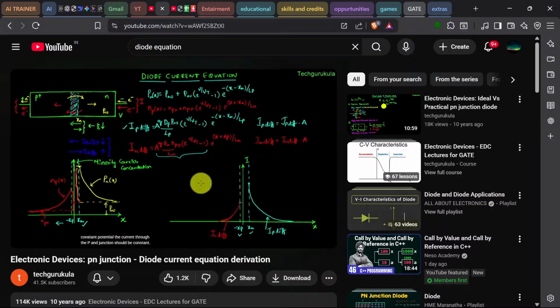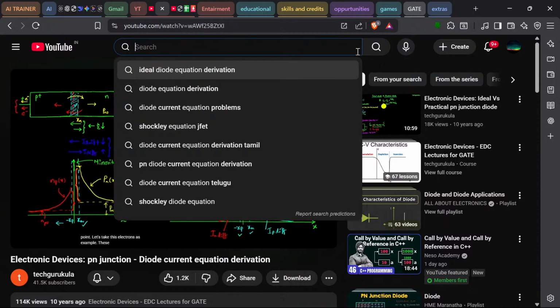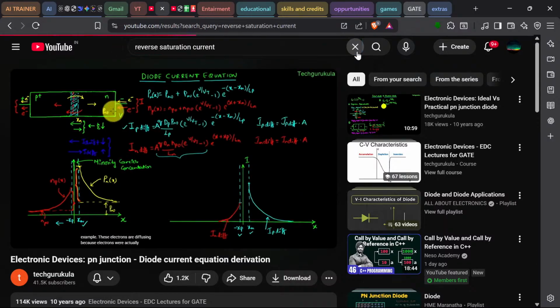Whereas we are seeing here that current is actually changing with respect to distance. But then we are missing some point. Let's take these electrons as example. These electrons are diffusing because electrons were actually injected from this side.